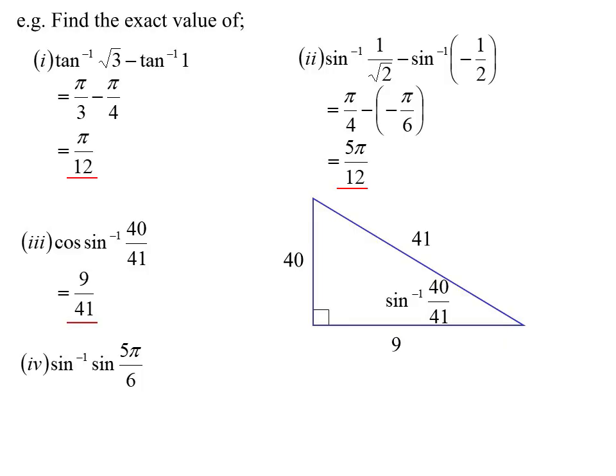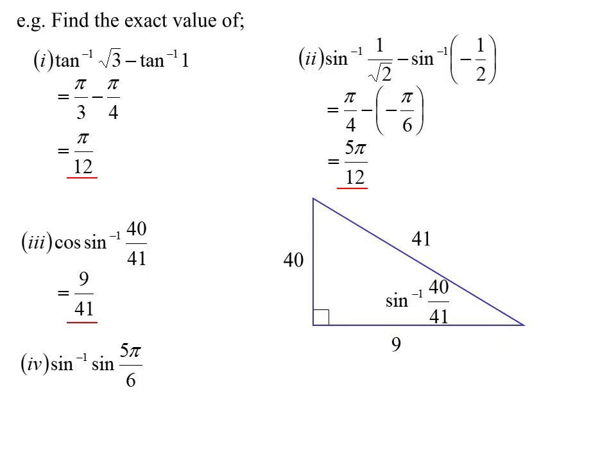What about if it was the other way around? The inverse sine of the sine of 5 pi on 6. The answer is not 5 pi on 6. Because normally we say, well, an inverse will cancel with the original function to leave you with the answer. But this one can't, because the inverse sine function, remember, can only give us an acute or a negative acute answer. So it can't give me the answer of 5 pi on 6. I have to work out, well, what would be the equivalent answer?